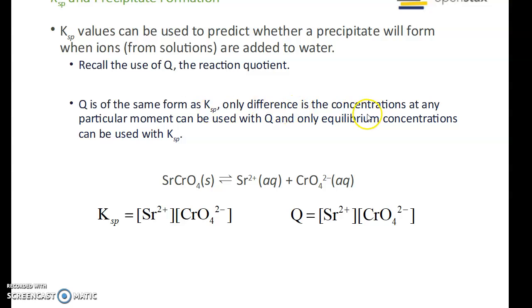The only difference is the concentrations at any particular moment can be used with Q, and only equilibrium concentrations are used with KSP. KSP is only correct if it's at equilibrium. If it's not at equilibrium, in other words, you could put more in there, this value is what you would be using. It's the reaction quotient.